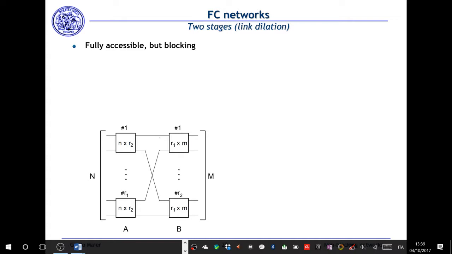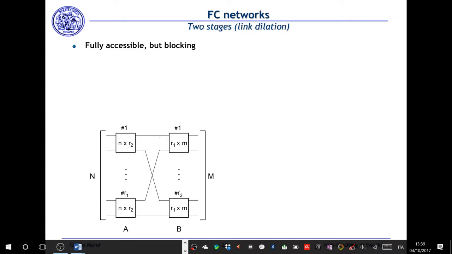So if even two inlets of the matrix of the first stage have to be connected to two outlets of the same matrix of the second stage, you have internal blocking. Okay, so this is why this architecture is blocking.